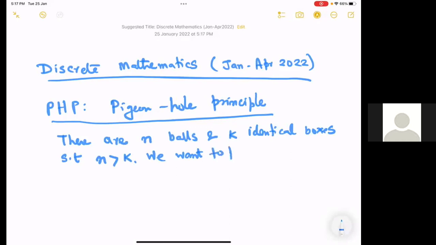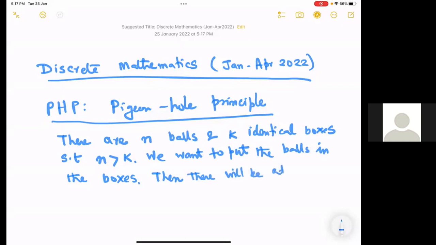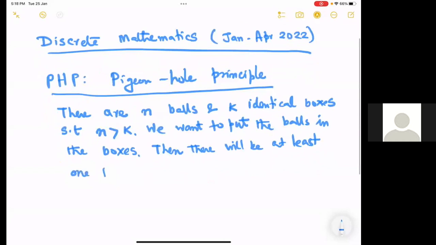We want to put the balls in boxes. Then this is obvious, right? There will be at least one box that contains at least 2 balls.